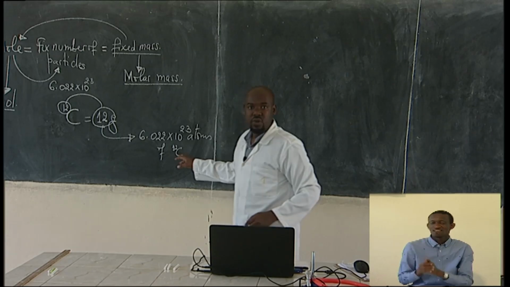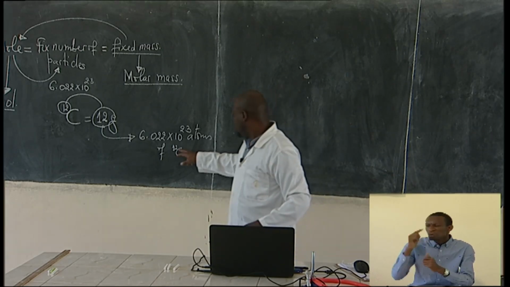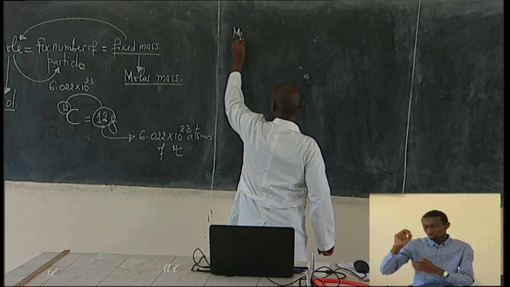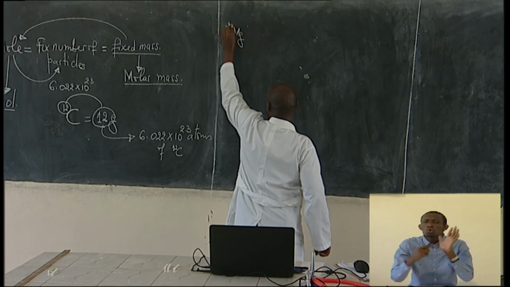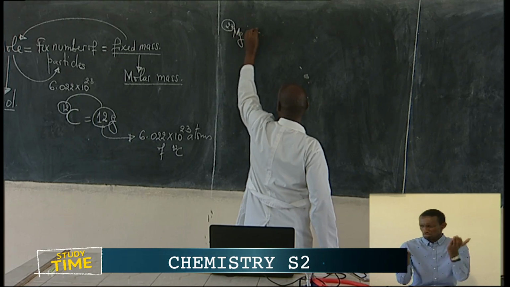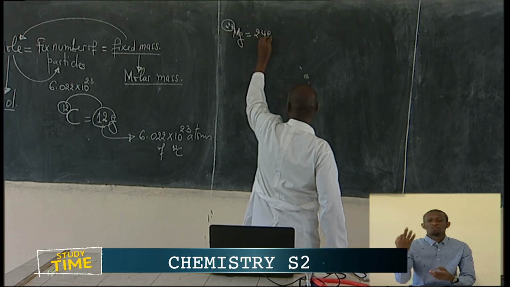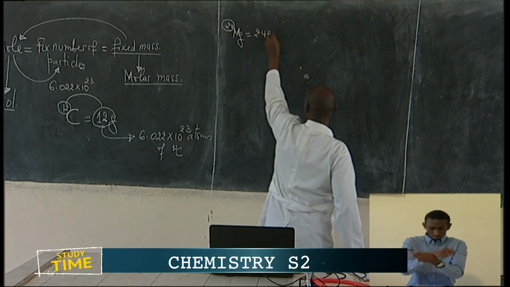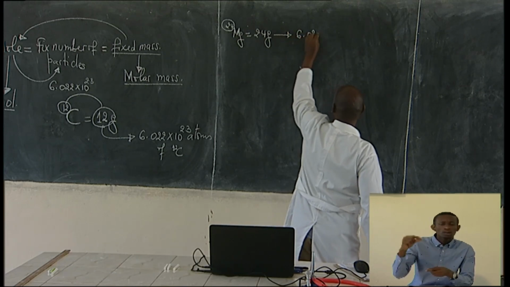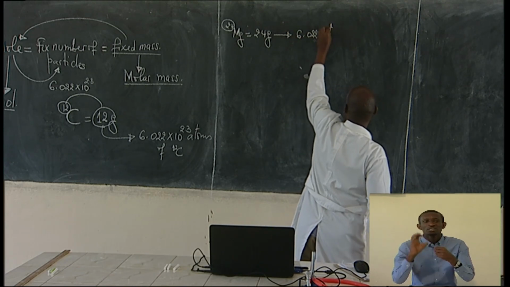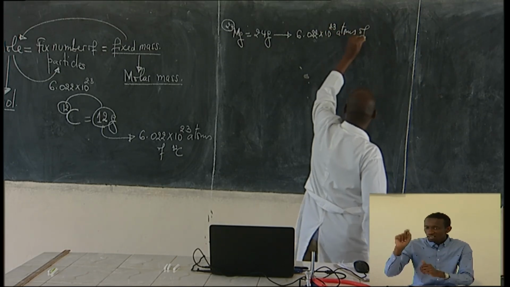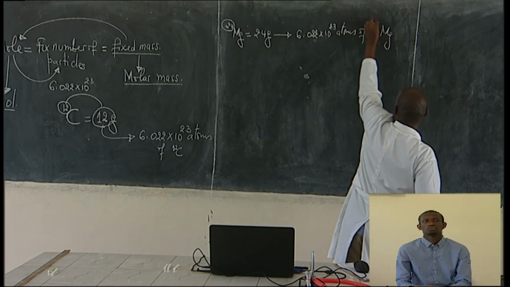So there is a certain relationship here. For magnesium, for example, which has 24 as mass number, if we take the same mass in grams, we will find that this mass contains 6.022 times 10 power 23 atoms of magnesium-24.